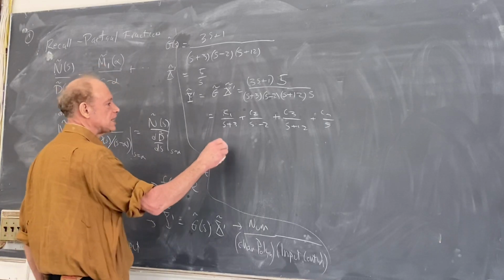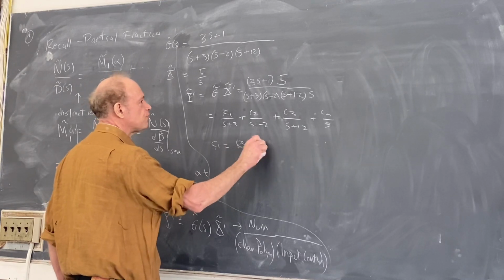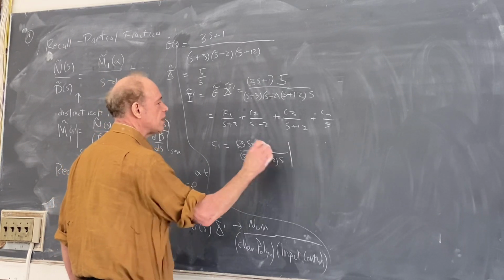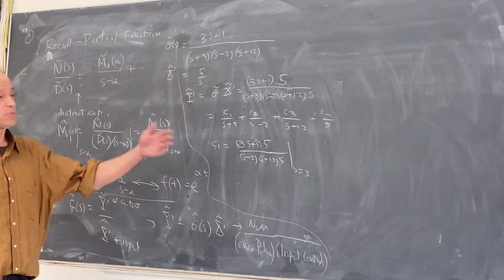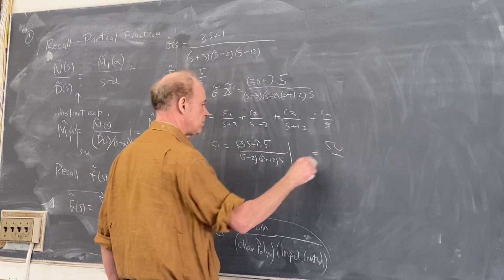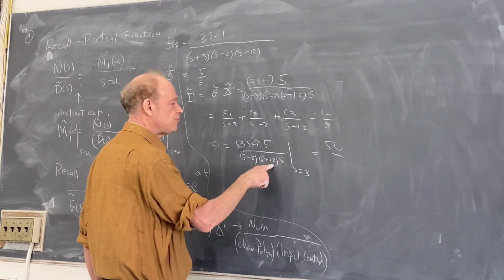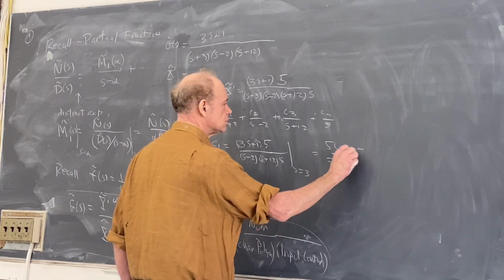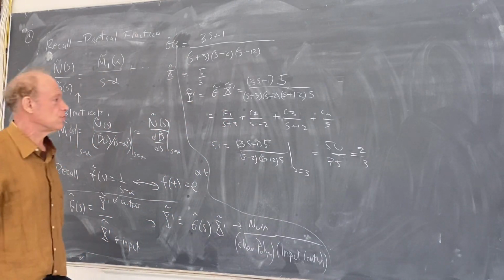So c1, for example, is equal to 3s plus 1 times 5 over s minus 2, s plus 12, s, evaluated at s equals minus 3. That's minus 9 plus 1 is minus 8, times 5 is minus 40, divided by minus 5 times 15 times minus 3. That gives 2/3. And then, of course, I could go on following the formula for c2, c3, c4.